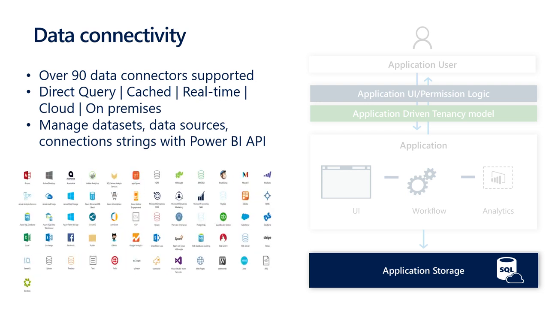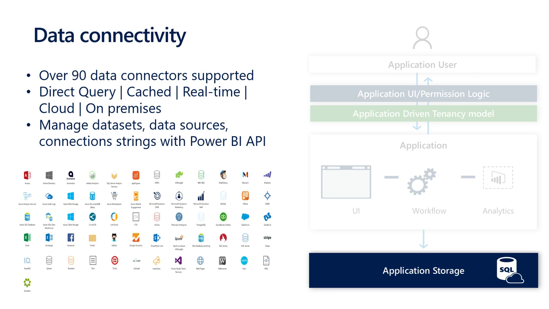So starting with data connectivity, as I said, we enjoy over 90, I think it's over 100 already, of data connectors supported by Power BI, and in various modes, direct query or cached model, real-time, cloud or on-premise, and on top of that, we manage data sets, data sources, connection strings with Power BI APIs.